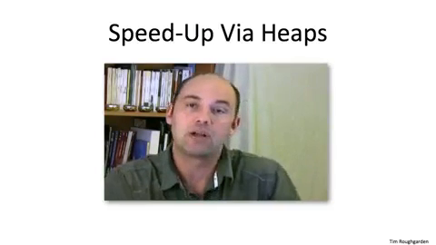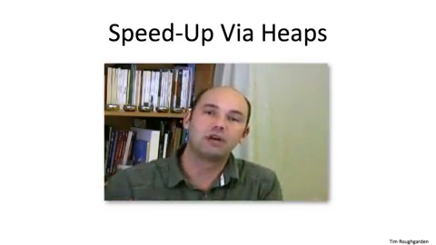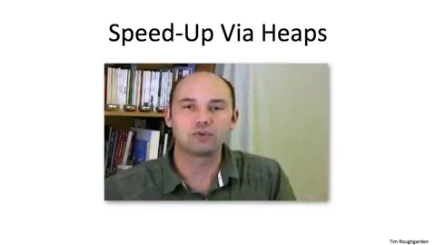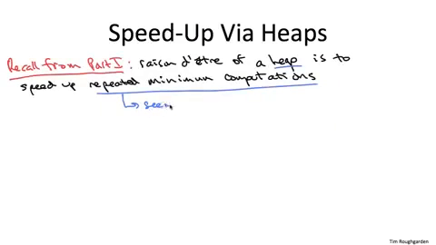Amongst all edges crossing the frontier, we need to find the cheapest one. So the question we should ask ourselves is, what kind of data structure would facilitate, would speed up repeated minimum computations? And if you recall from part 1, we have a data structure where that's exactly its raison d'etre, the heap. The meaning of life for a heap is to speed up repeated minimum computations, just like in Prim's algorithm.